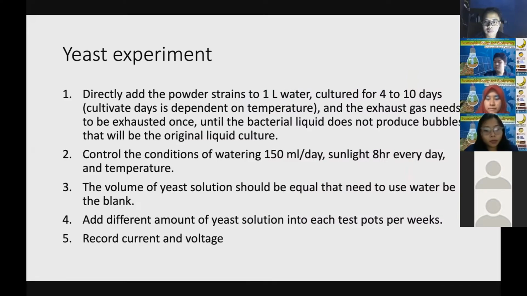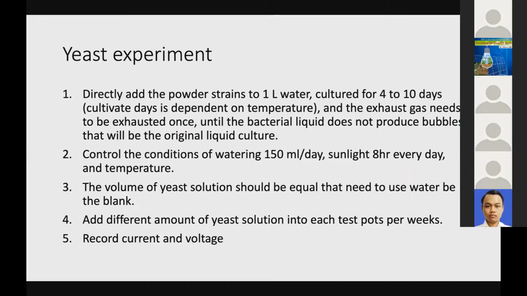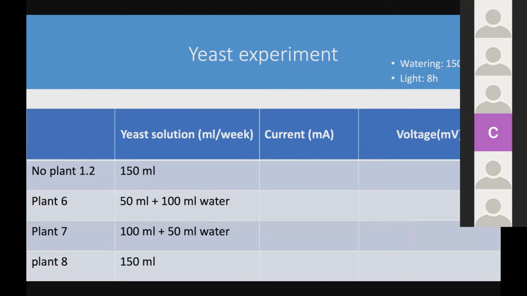So, following the step of using dry yeast powder, we can make a yeast solution and use it directly in my experiments. Also, following the schedule, I will record the current and voltage. Through this research and comparison with the previous section, the impact of watering and sunlight on plant microbial fuel cell electricity generation can be figured out.